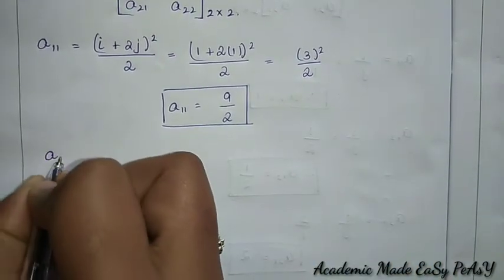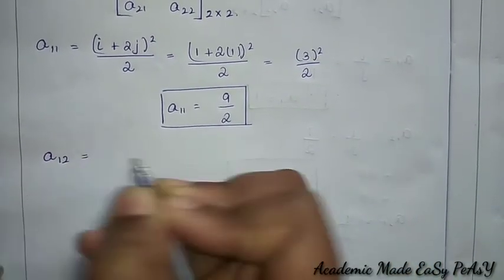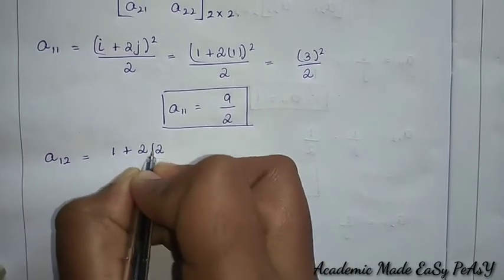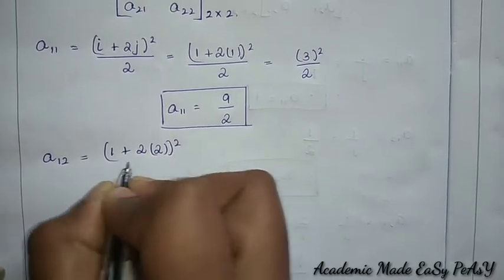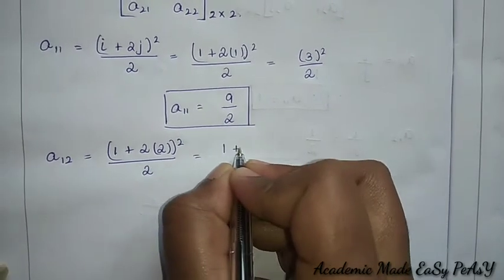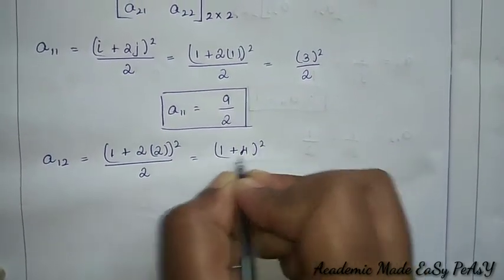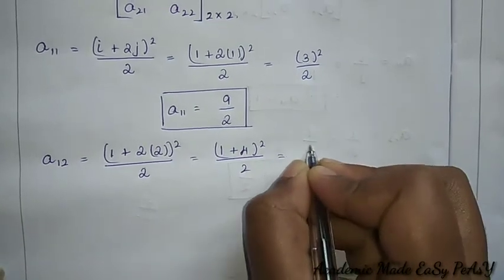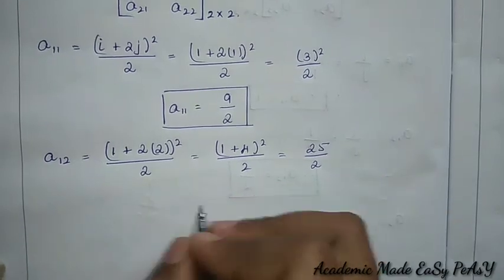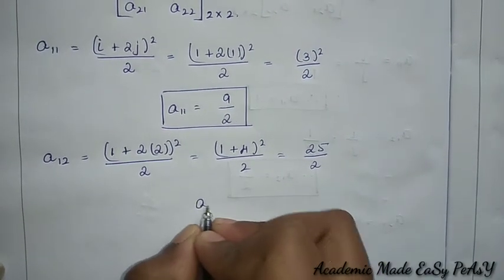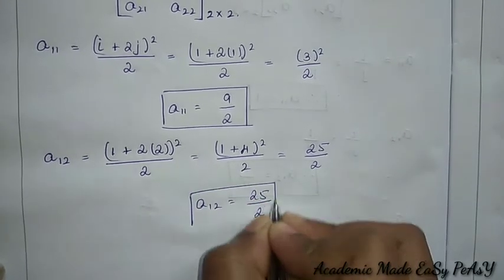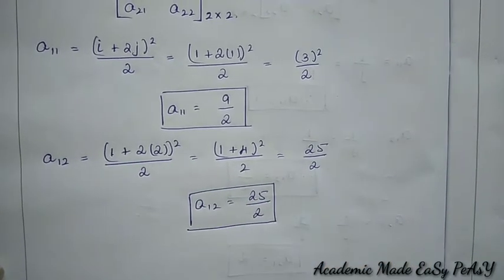So next I will go with the first row, second column element. So 1 plus 2 into the j value, which is 2, the whole square divided by 2, is equal to (1 plus 4) the whole square divided by 2, which is 25 divided by 2. 5 square is 25, divided by 2. So A12 is equal to 25 divided by 2. This is my first row, second column element.